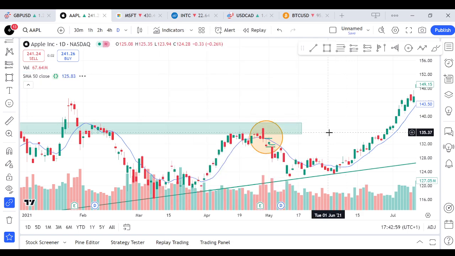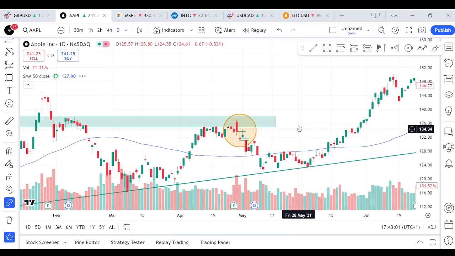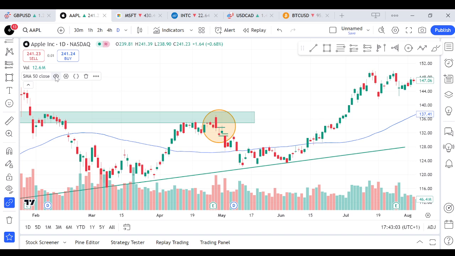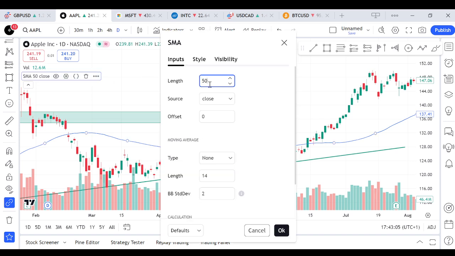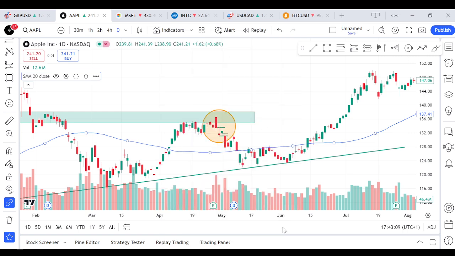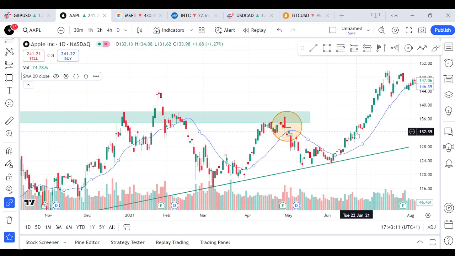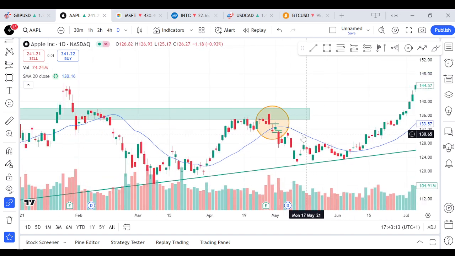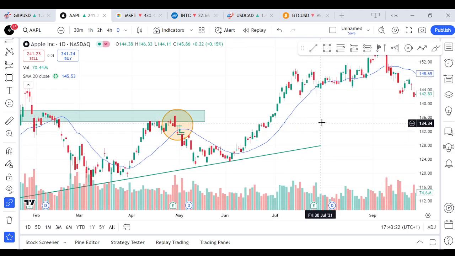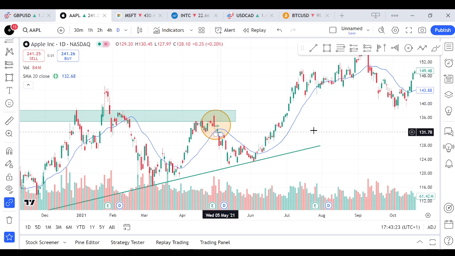All right, 50-day is quite extreme. Let me use the 20-day moving average instead. Now you can see after we had this downside Tasuki candlestick pattern, price moving below the 20-day moving average, signaling to us that we should be looking for selling opportunities right here.